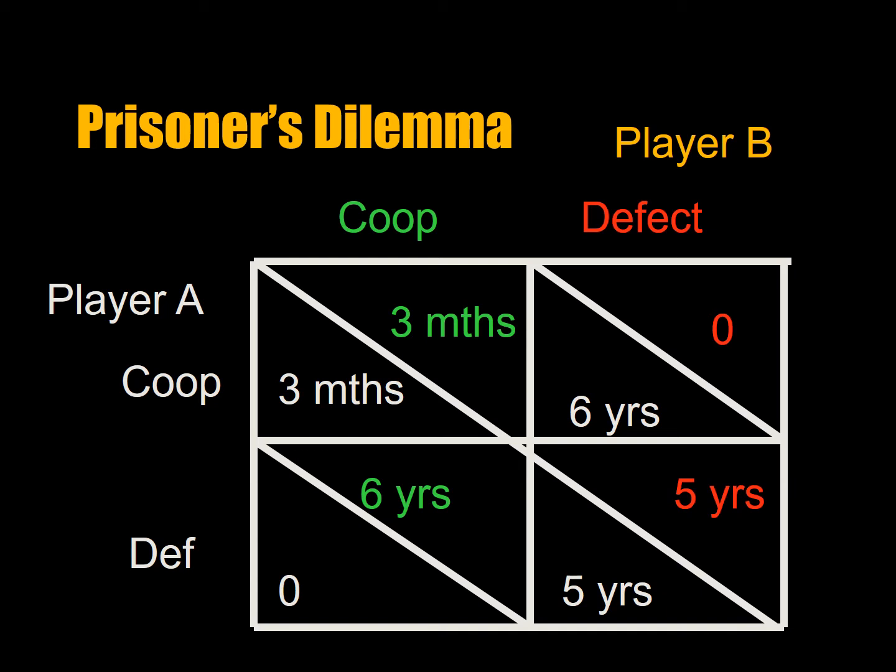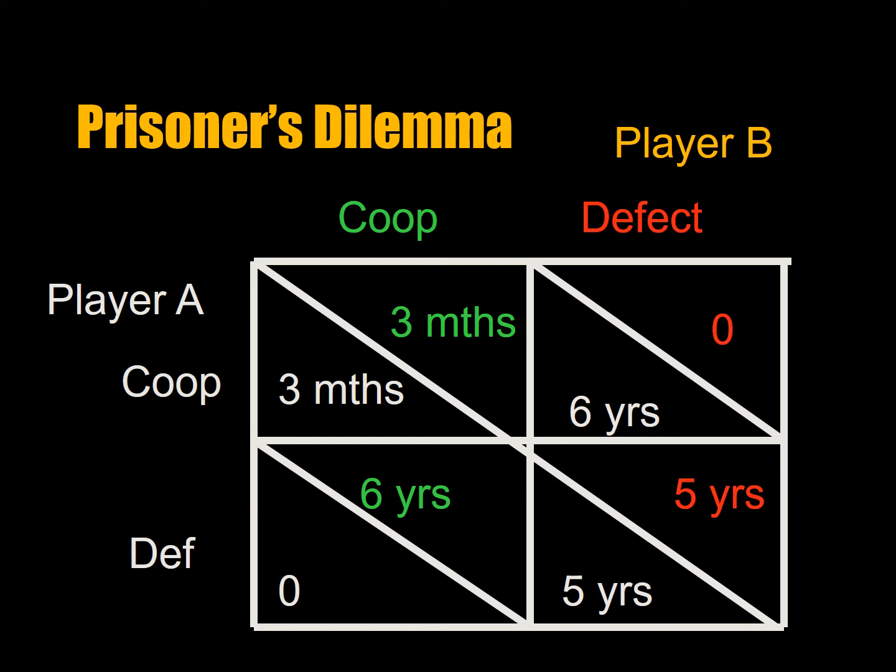Now the prosecutors absolutely need to punish someone, so if one of the individuals accuses the other of being a thief, but the other does not make a reciprocal accusation, the individual who fingered the other will walk free with 0 jail time, whereas the other one will go to jail for a very long 6 years.